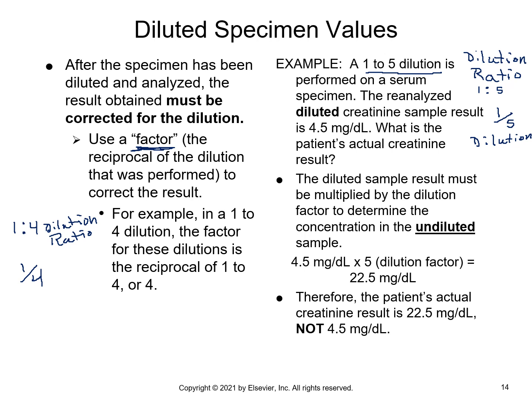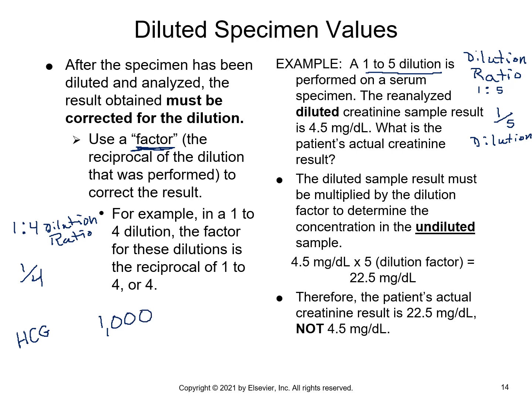So if we made a 1 in 4 dilution, or a 1 to 4 dilution ratio, and we ran our sample, let's just take, for example, an HCG, because that's one that's diluted often, and we did a 1 in 4 dilution of that, and let's just say our result came out to be 1,000. That should be about in the analytical measurement range.